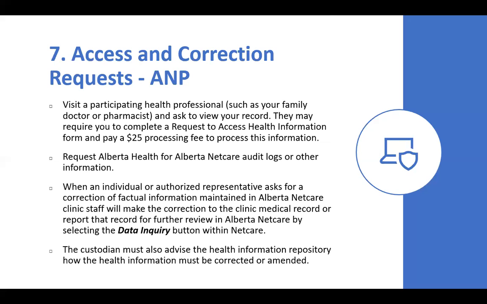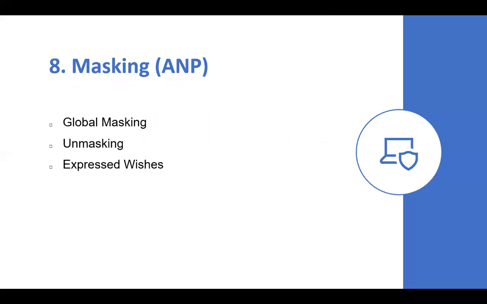Now, again, depending on the size of your clinic and where you are geographically in the province, somebody in Southern Alberta will have different abilities than somebody in Northern Alberta about how they can make these changes to Alberta Netcare Portal. So be specific to your organization and make sure that your policies and procedures are updated. And this is where you highlight to the Commissioner's office that you've reviewed those policies and procedures and have updated that.